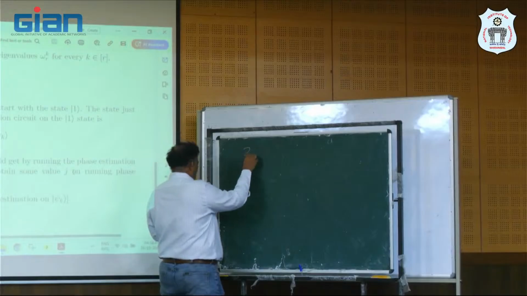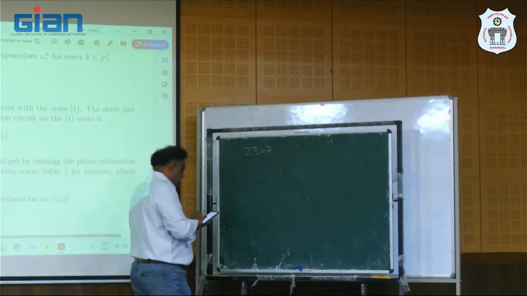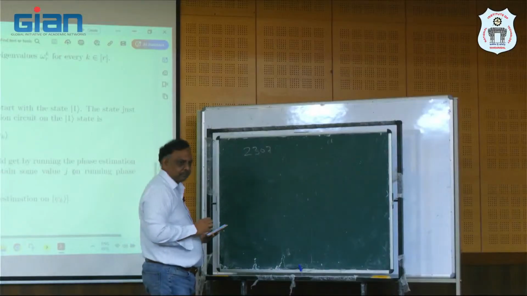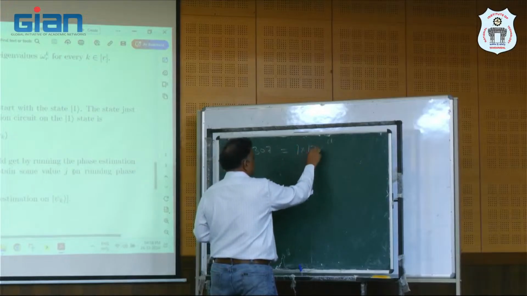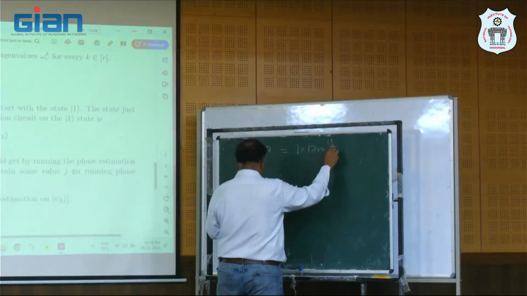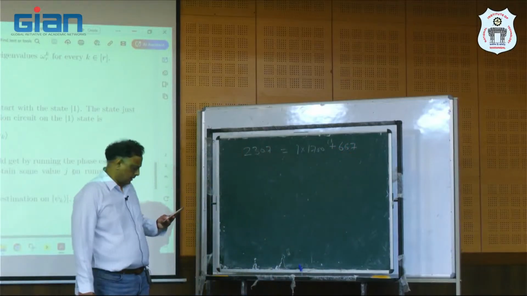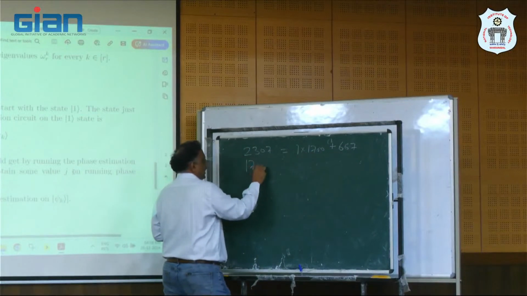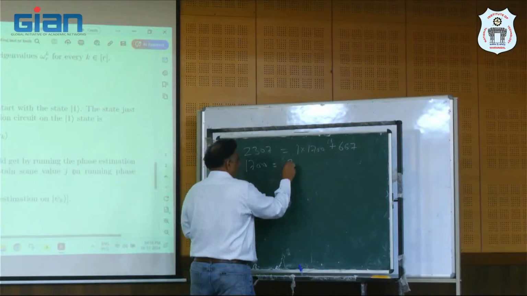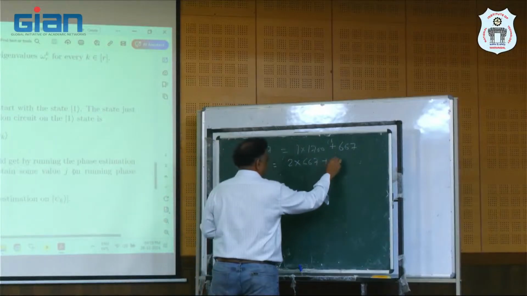2367, and we are finding the GCD with 1700. We write this as 1 into 1700 plus 667. Then we repeat with these two: 1700 we write as 2 into 667 plus 366.